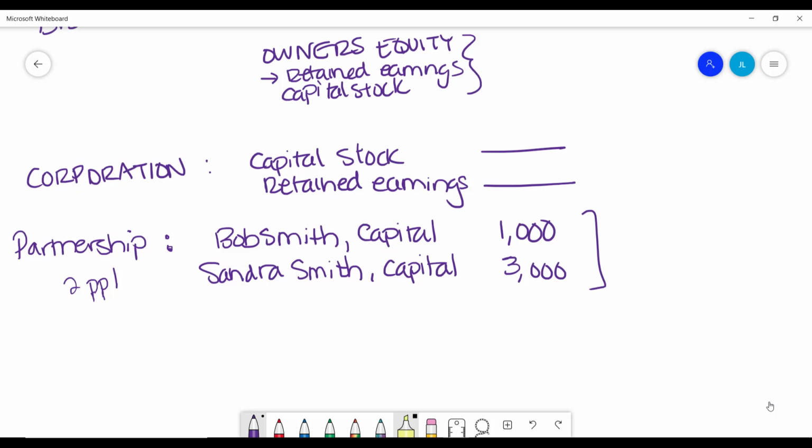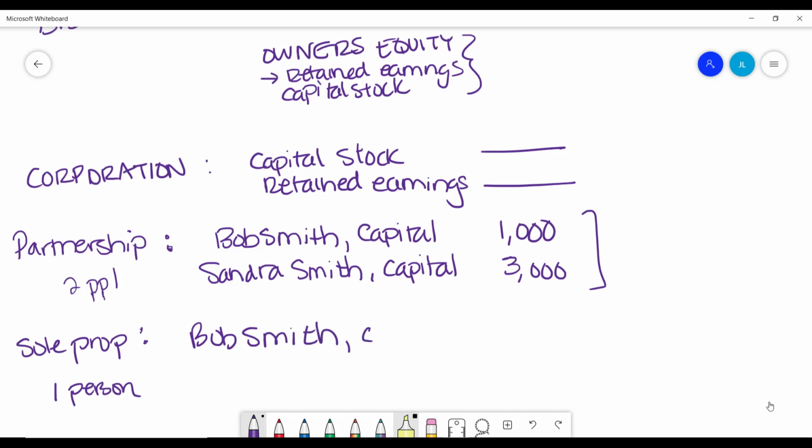But if it's a sole proprietorship, remember that's where only one person is the owner. And to show equity in that case, let's say if Bob Smith is the sole owner of that business, all you do is you write Bob Smith, comma, capital, and you simply write how much money has been put into the business by Bob Smith, less any withdrawals, okay?